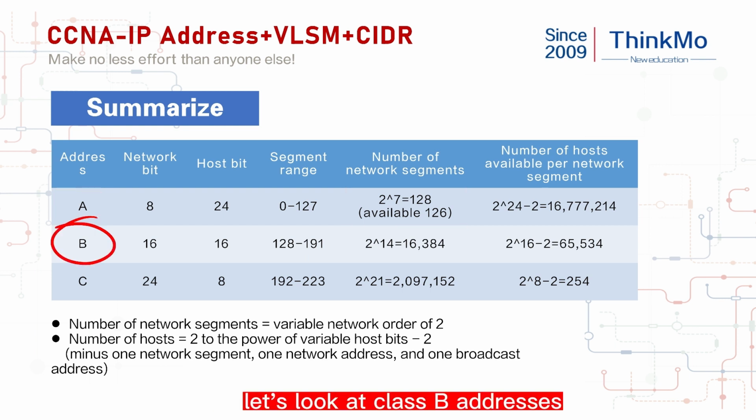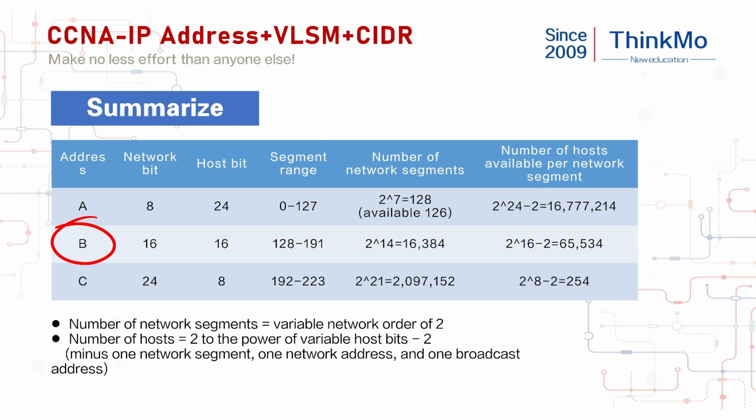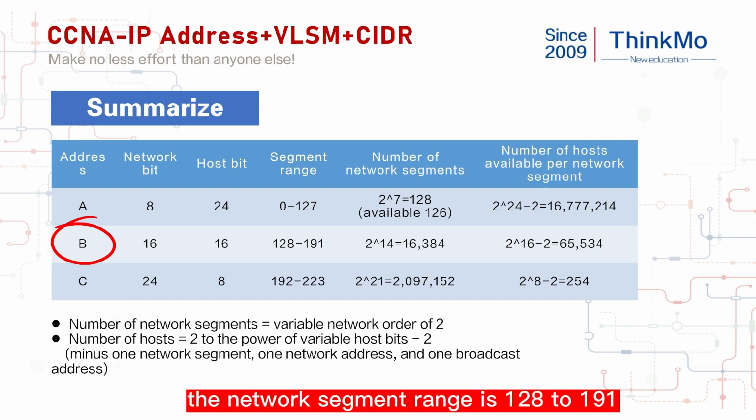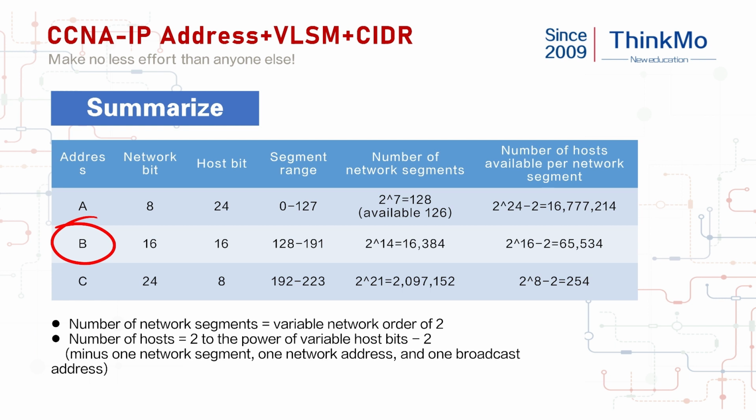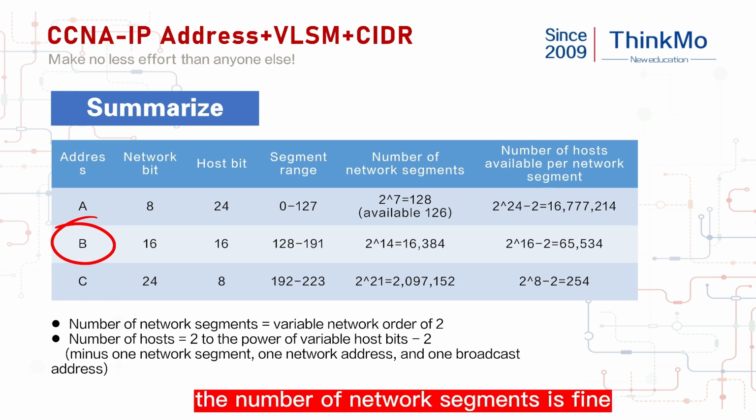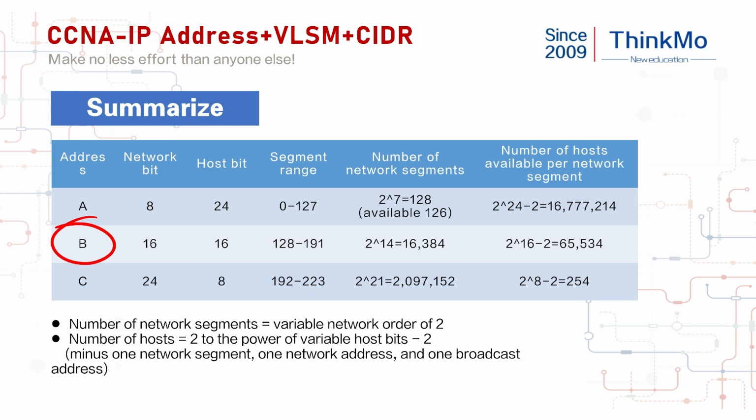Let's look at Class B addresses. Network bits are 16 bits. The host bit is also 16 bits. The network segment range is 128 to 191. The number of network segments is 2 to the power of the variable network bits. There are a total of 16 network bits.